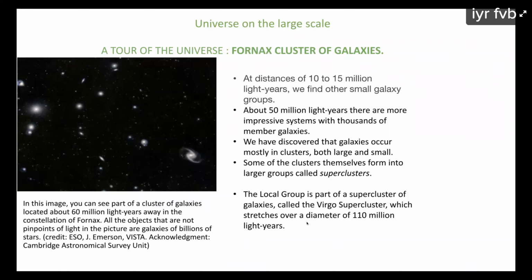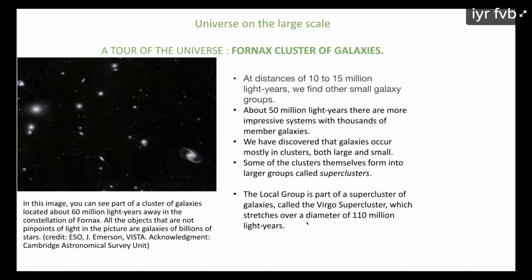What you see here in the image on the left-hand side is a cluster of galaxies located about 60 million light years away in the constellation Fornax. So there is a constellation called Fornax, and this particular galaxy cluster is very close to it. The constellation means the star constellations, right? So we will talk about that in the next lecture as well.